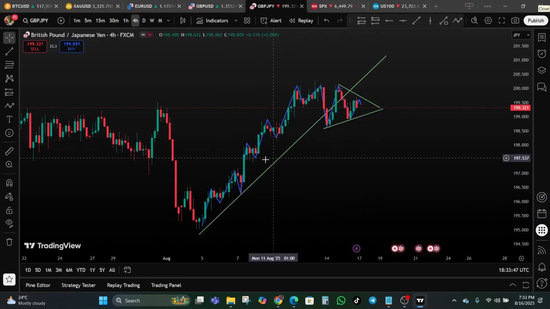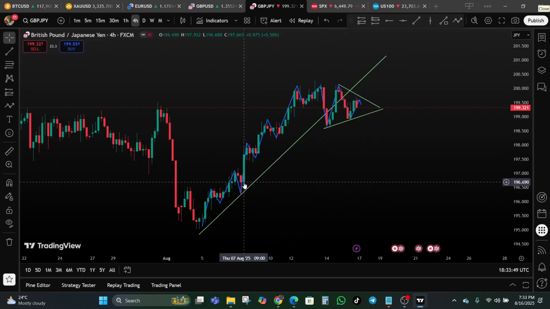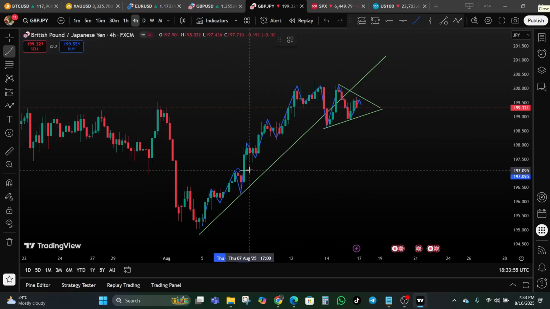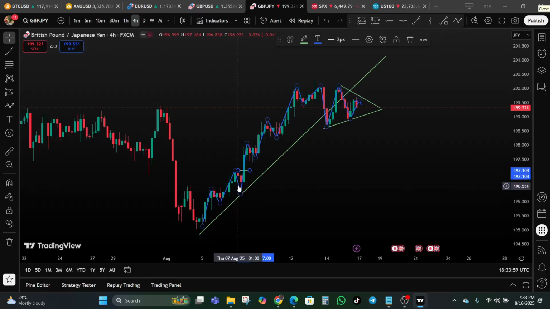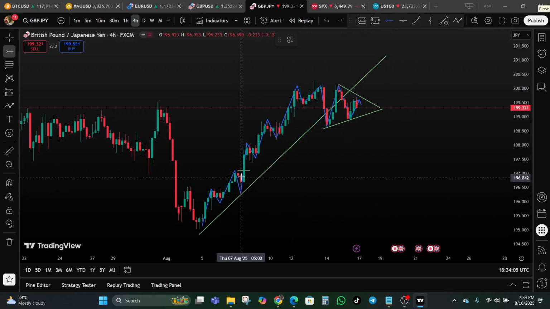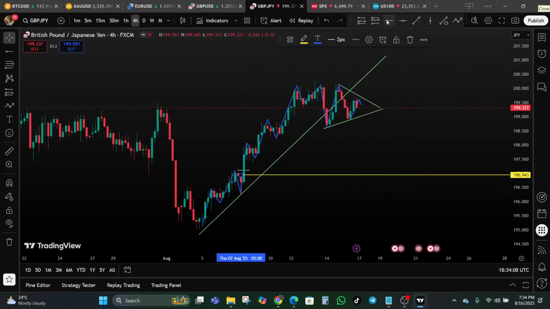Okay, so now if we have a break of structure around here, like what we can see happen here, you can see that price broke above the structure. This is a higher high, and a higher low, higher high, and price broke above this high. So now you can see that the last bearish candle that led to that break of structure is this bearish candle.